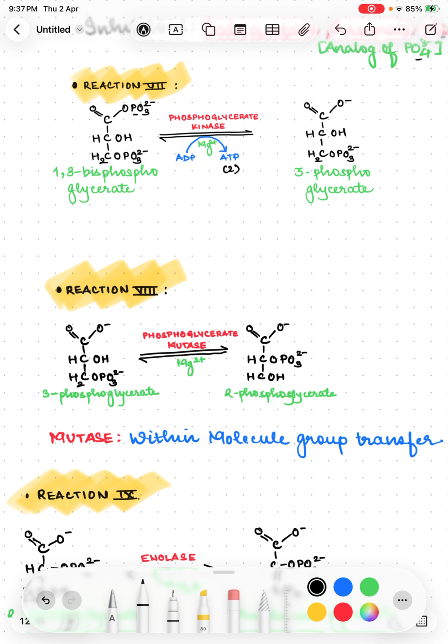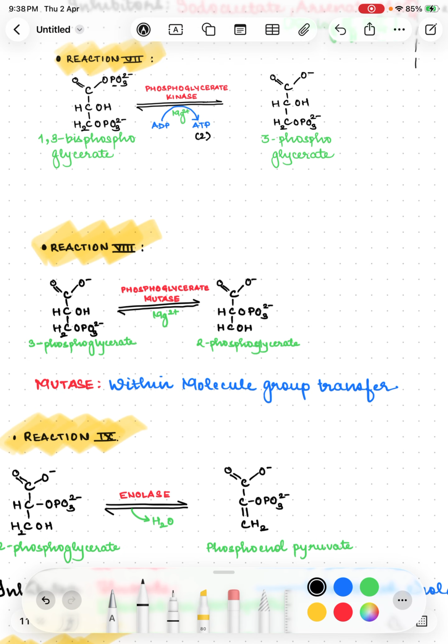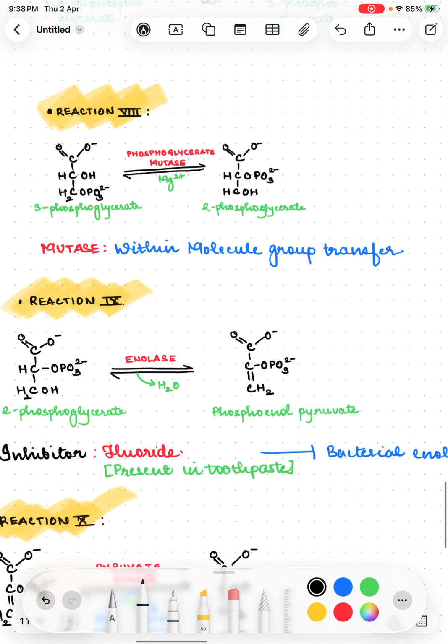In reaction number 8, 3-phosphoglycerate gets converted into 2-phosphoglycerate with the help of the enzyme phosphoglycerate mutase, which transfers a phosphate group within the molecule. This enzyme also requires Mg2+ ions.